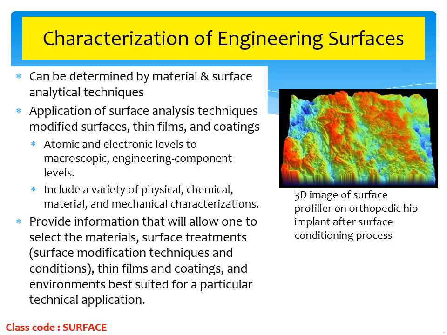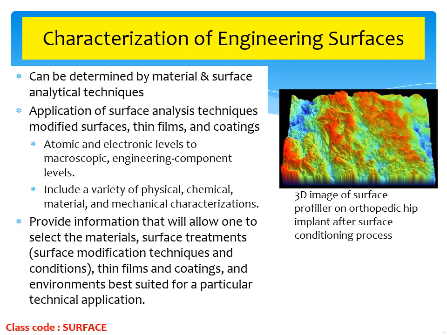Characterization of engineering surfaces. The properties of modified engineering surfaces in practical applications can be determined by material and surface analytical techniques. Material and surface analyses are evolutionary disciplines. A number of analysis techniques are available for studying modified surfaces, thin films, and coatings, from the atomic and electronic levels to macroscopic, engineering component levels.